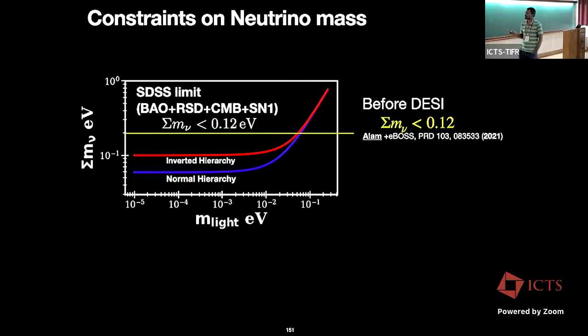We're combining all of that and asking, what is the mass of the neutrino? And this is marginalized over all other degrees of freedom you could allow in cosmology, so this is not for a fixed setup. For this situation, you find that the sum has an upper limit of 0.12 electron volt. So we are getting close, but we are not yet there to make a statement about whether it's inverted hierarchy or normal hierarchy.